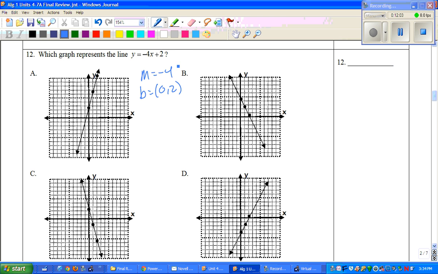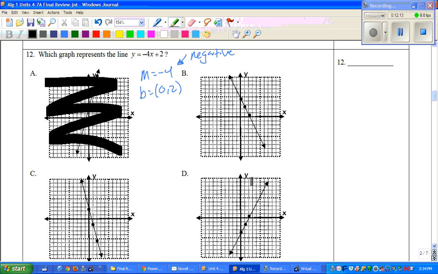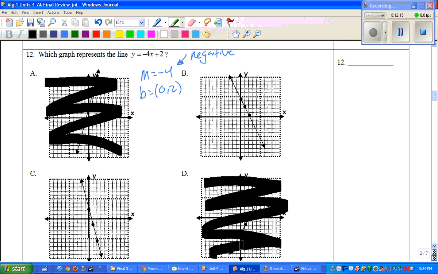Okay, so if my slope is like that, this is a negative slope. Looking at here, A is not negative and B is not negative. Those lines aren't going down. Okay, so the next thing I'm going to look at is which graph starts at (0, 2).